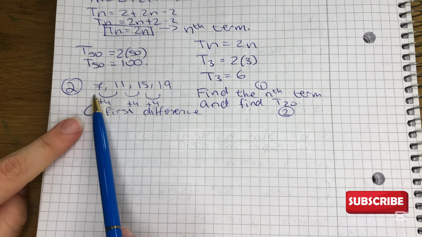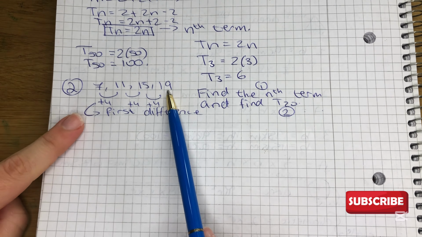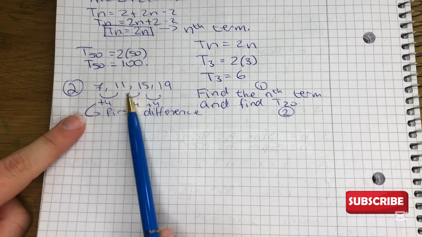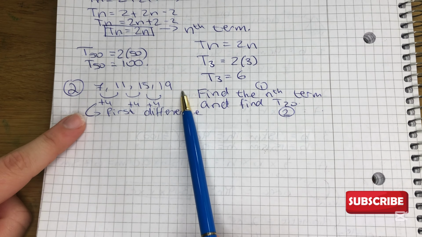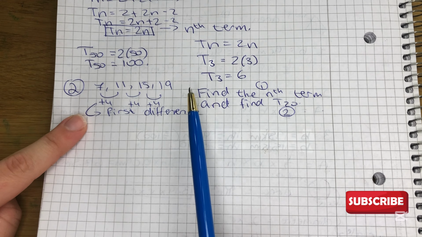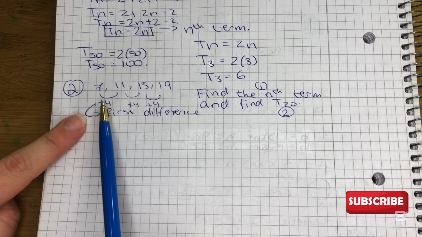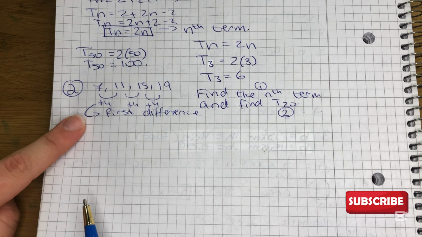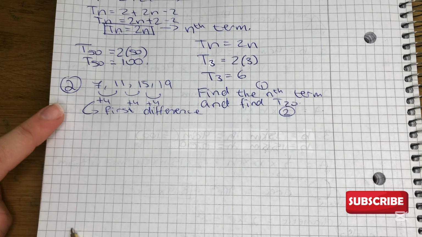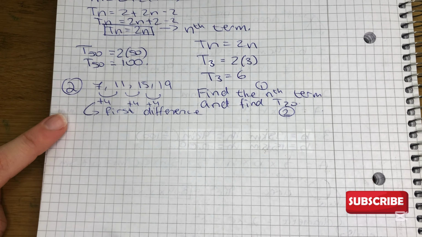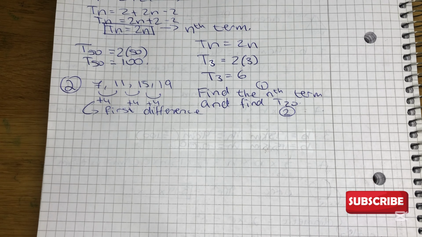So by just looking at this sequence and finding the difference between each term, we can say that this is a linear sequence because the first difference is the same. It is a constant thing. It is not changing. It is the same. So that is one important thing to note.